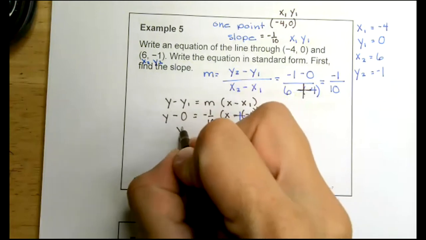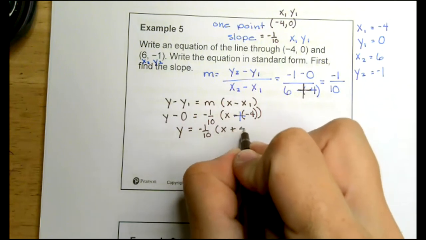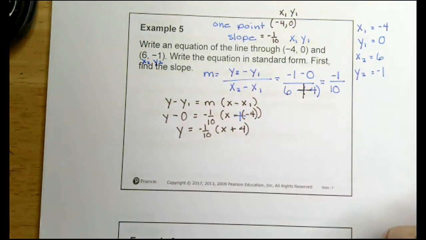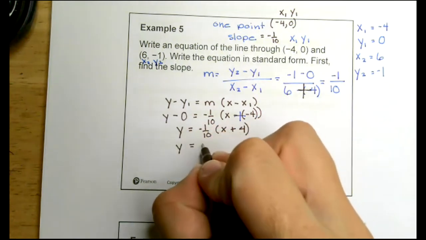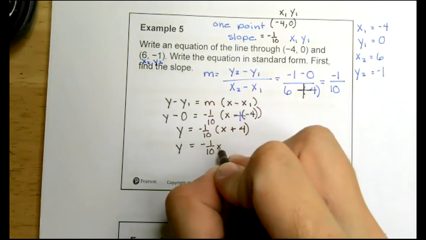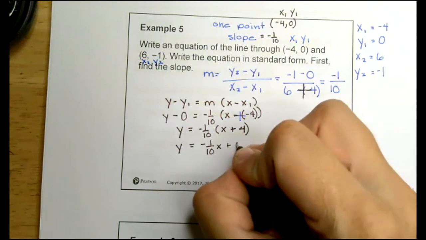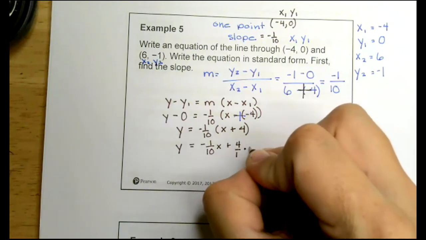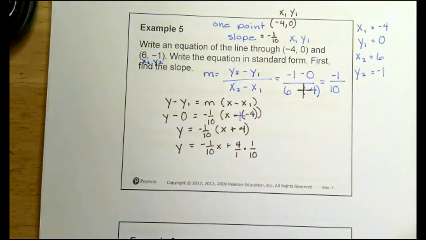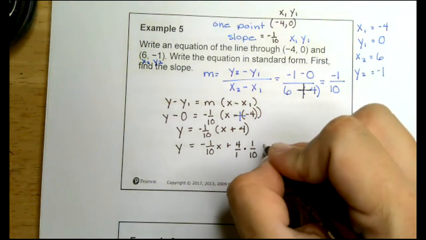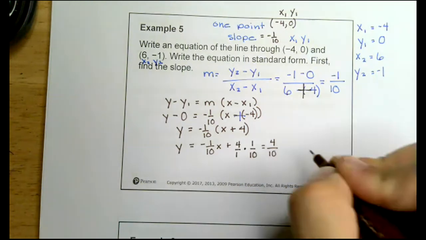So now we have y equals -1/10 times x plus 4. Y equals -1/10 x plus 4/1 times 1/10, right? 4 times 1 is 4. 1 times 10 is 10. 4/10.